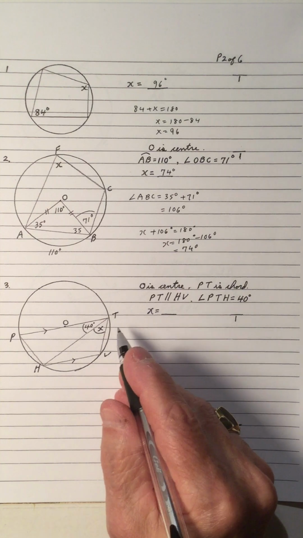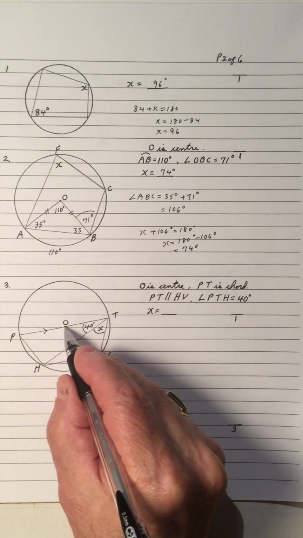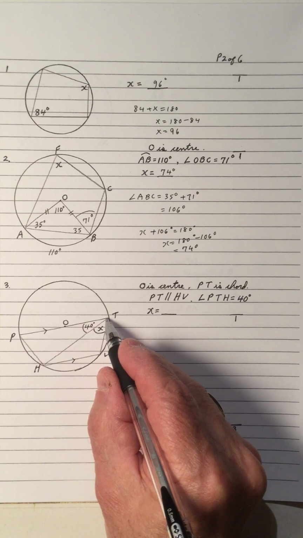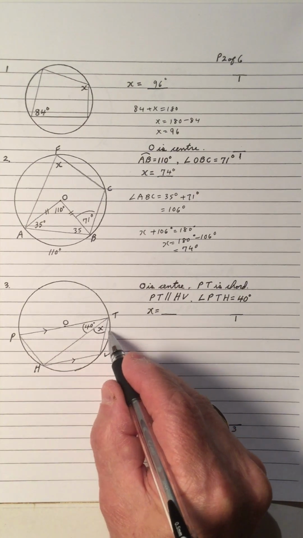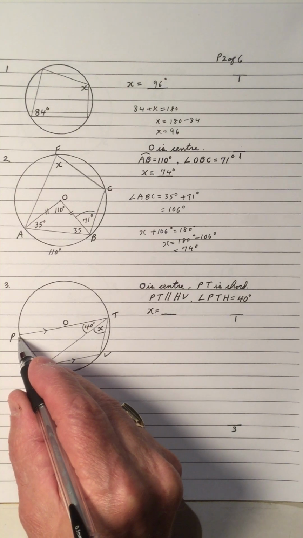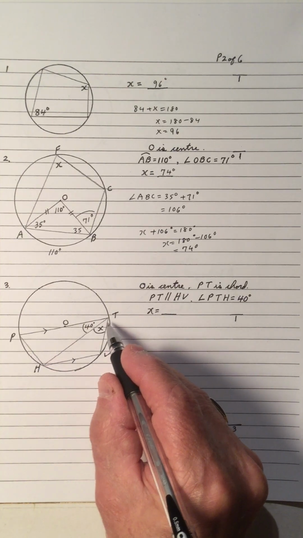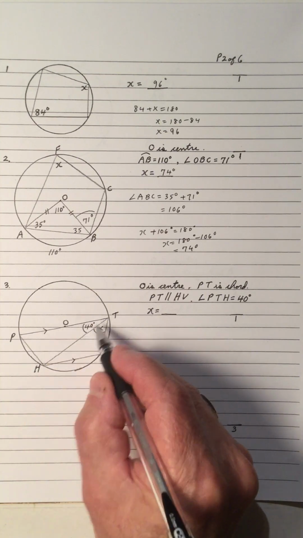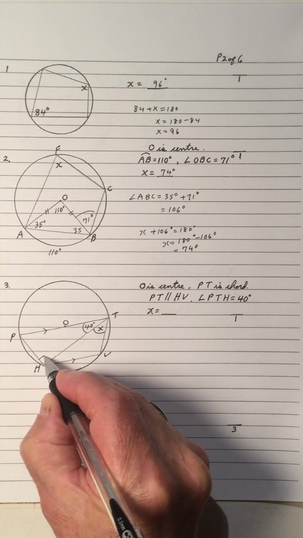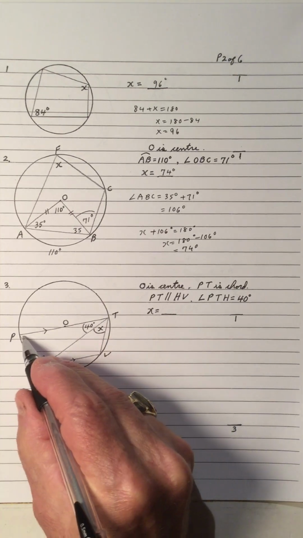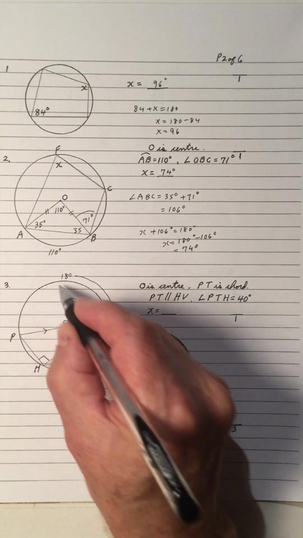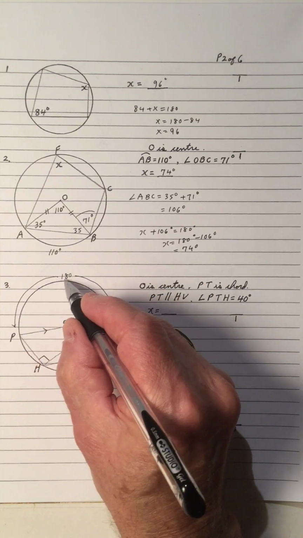So let's see. Because that's the center, and because that's a chord, that means that's the diameter. So that means that's 180 degrees here on this arc PHT. Also, because this is the diameter, this angle here is 90. Because that's 180, this arc over here is 180.